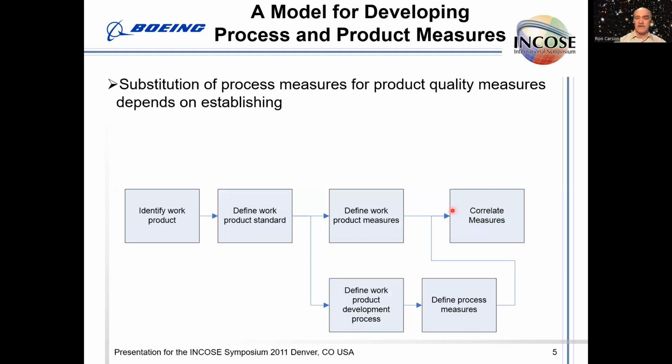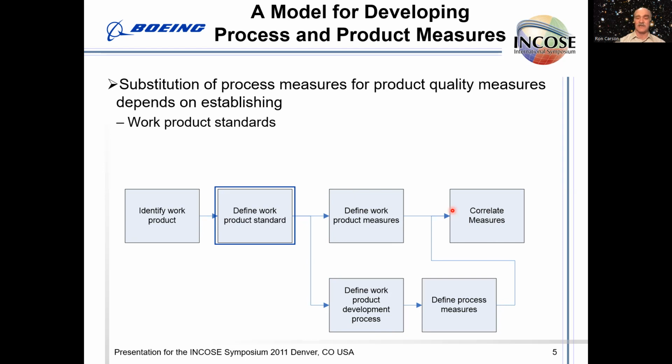So one of the diagrams I put into this paper is the sequence that I think is necessary for being able to develop process and product measures, which means you have to first identify the work product, and then establish the work product standards. What does a successful work product of any type look like?